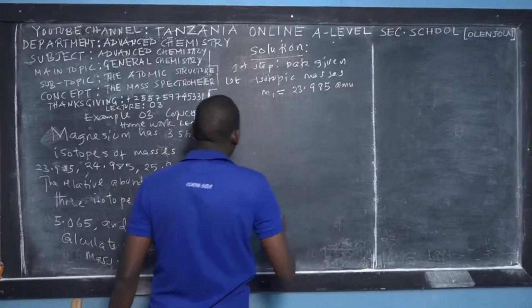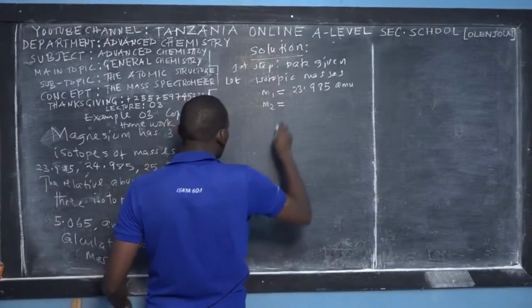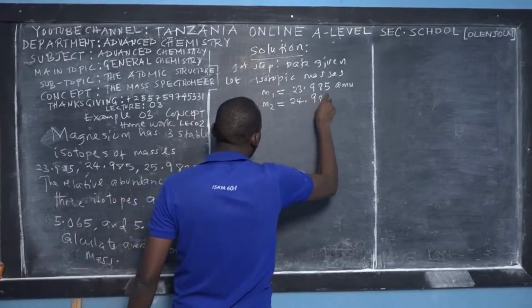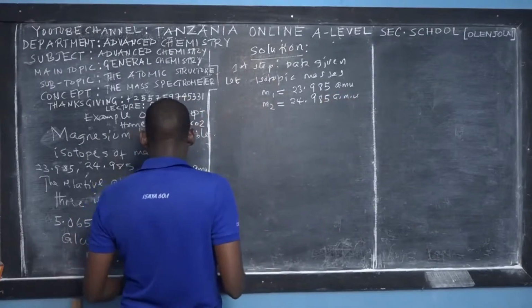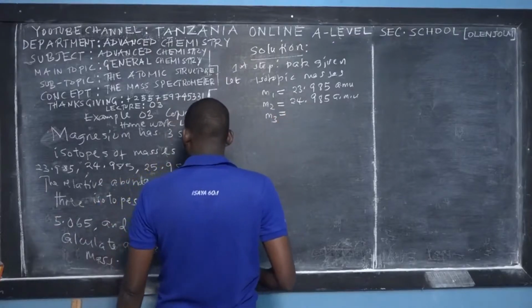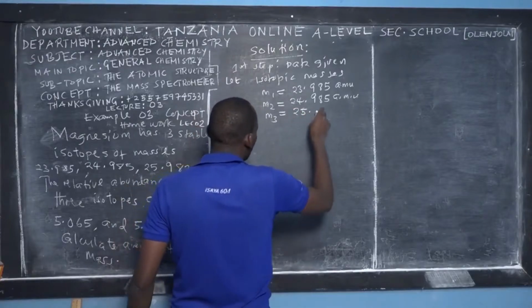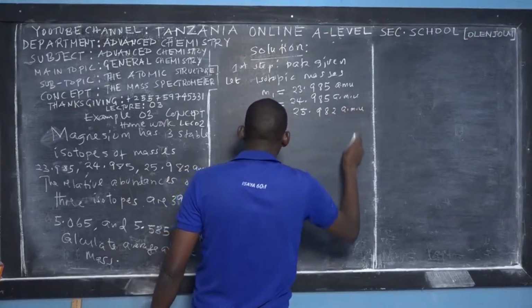Then the second isotopic mass, M2, is equal to 24.985 atomic mass unit. Then we have M3, the third isotopic mass, which is 25.982 atomic mass unit.